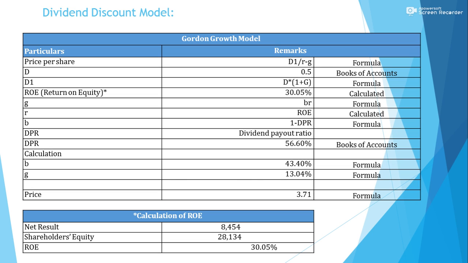On the basis of that we have calculated return on equity, which comes to 30.05. Then the growth rate is BR, and DPR is the dividend payout ratio, which as per books of account comes to 56.60%. Accordingly, we have calculated the price per share.